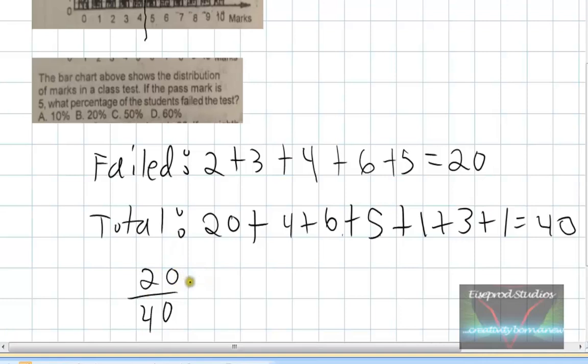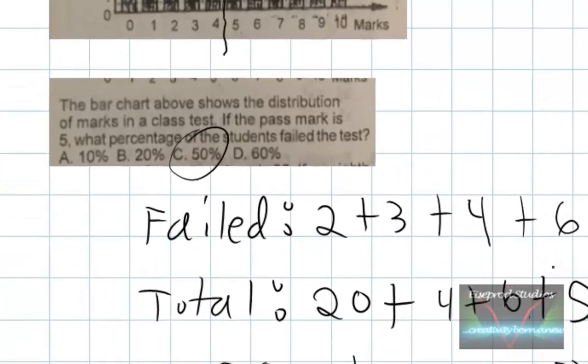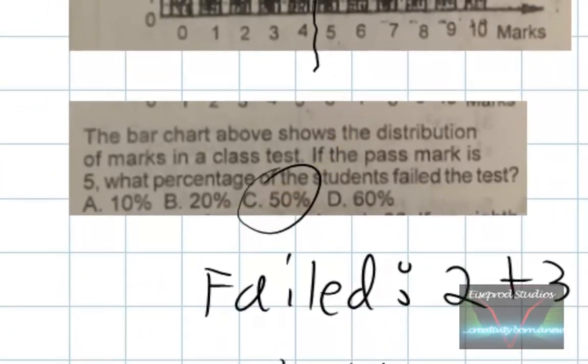And I know that 1/2 is the same as saying 50%. If numbers weren't that easy to work with, what you would do is first reduce this fraction to 1/2, which is the same as saying 0.5, and then multiply that by 100 so you can move the decimal point over and get just 50%. But yeah, that's your answer.